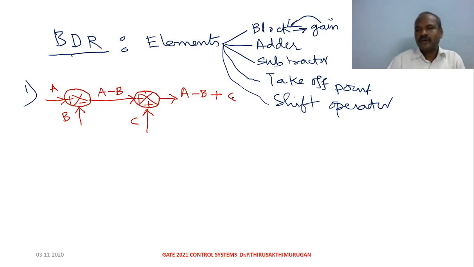How to get the equivalent diagram for this, or what will be the alternate for this without changing the configuration? Suppose we shift this block to here, added here and subtracted here.